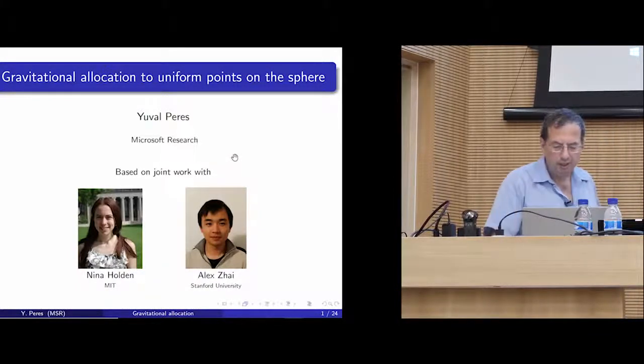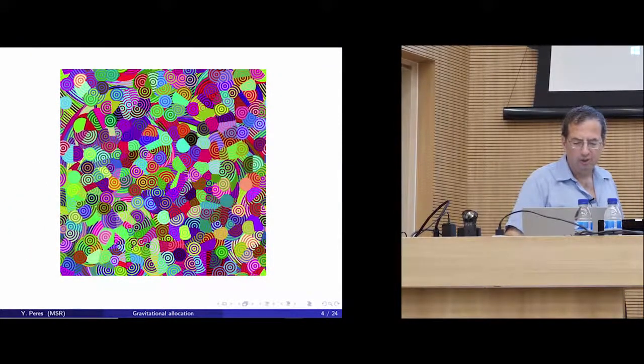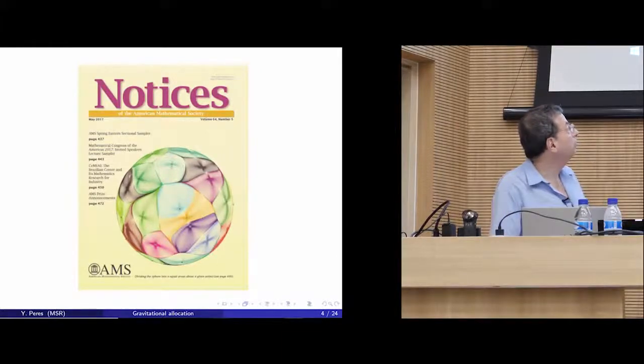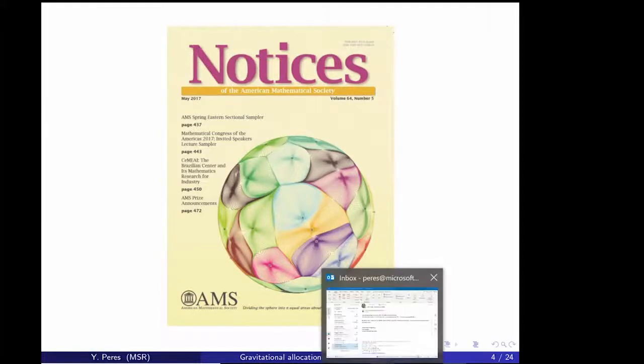That's joint work with Holden and Jai based on a lot of earlier work, and it's again related to matching. So this is the picture you saw before, and the kind of partition you get here is really much nicer. So this is the fair partition into, again, in this case it's happening on the sphere, not the torus, but you could do the same on the torus.